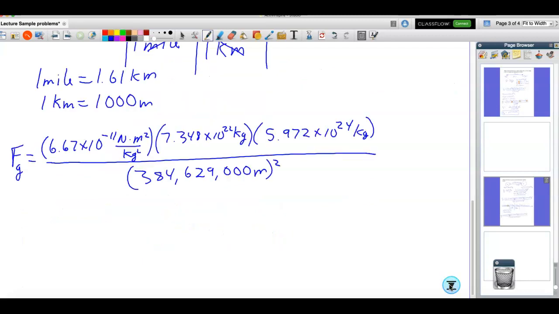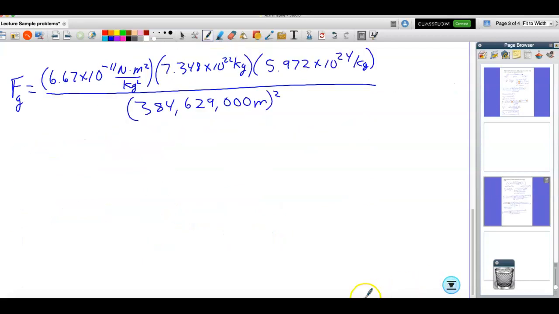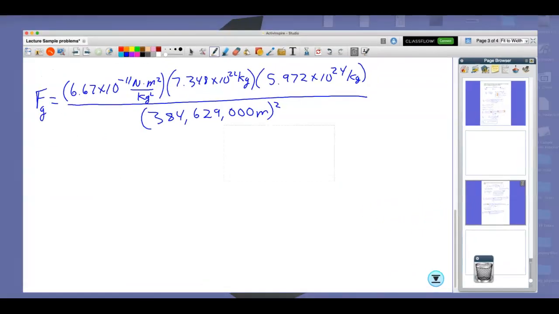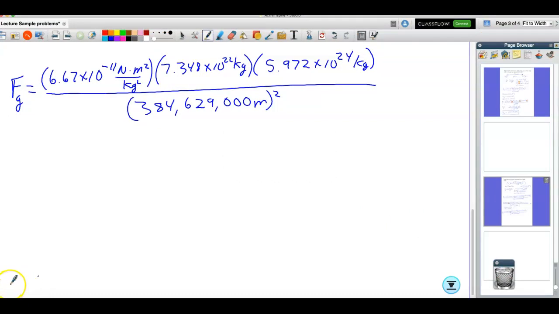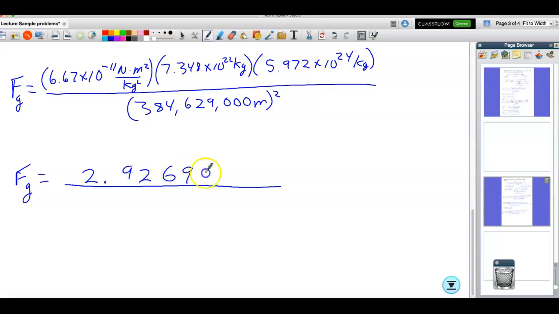So let's come down here. Whoops, sorry. So when we multiply our top line out through our calculators, we get 2.9269 times 10 to the 37th.